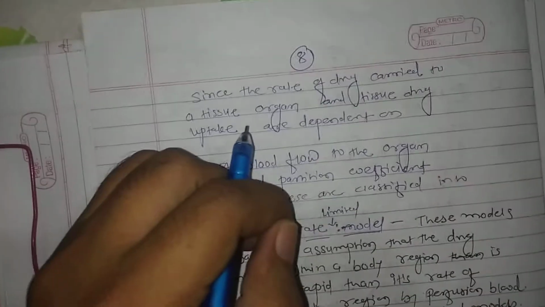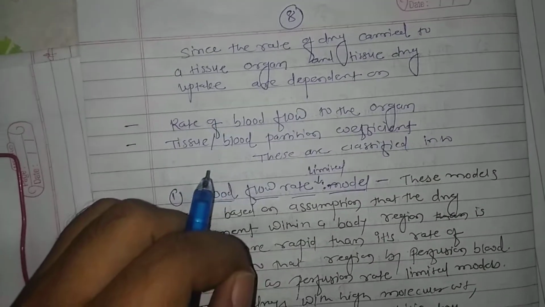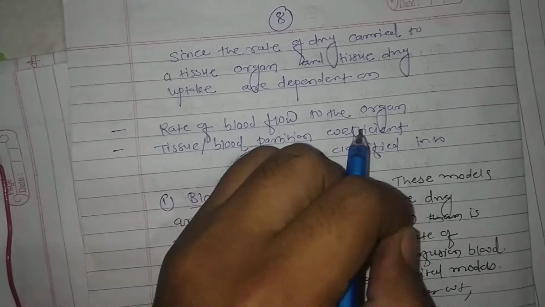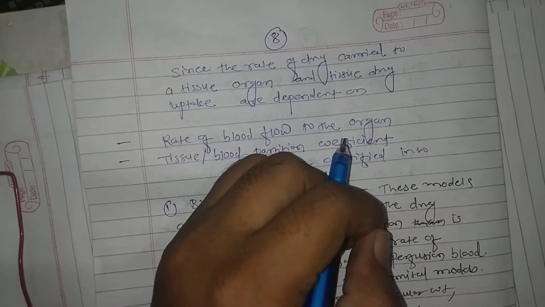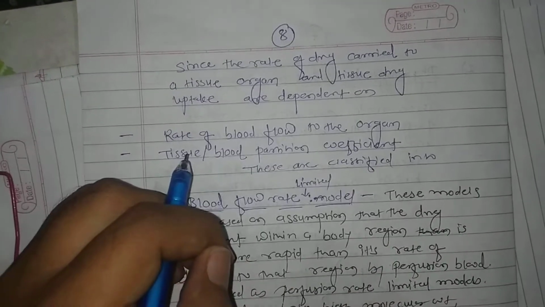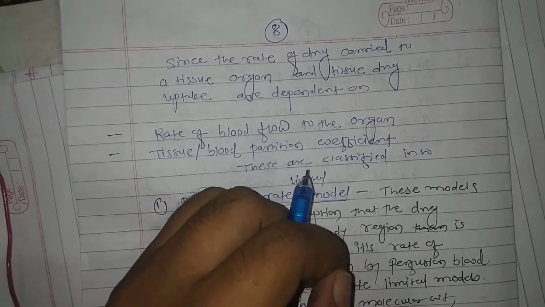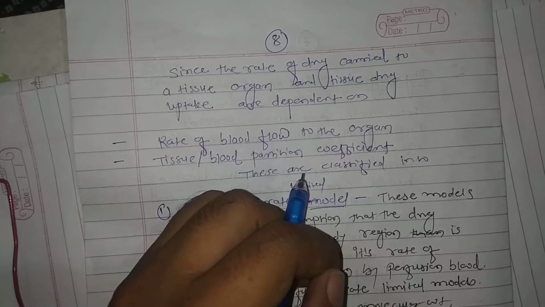Since the rate of drug carried to the tissue organ and tissue drug uptake depend upon the rate of blood flow to the organ, means how much blood is flowing to that organ. Next, tissue or blood partition coefficient is also one of the physicochemical characteristics which are important for this.